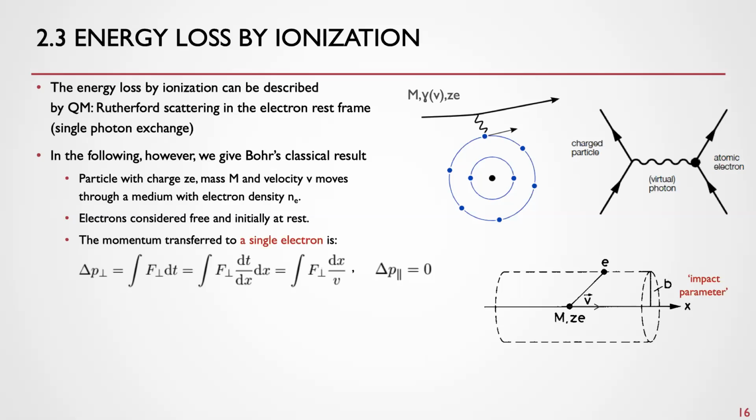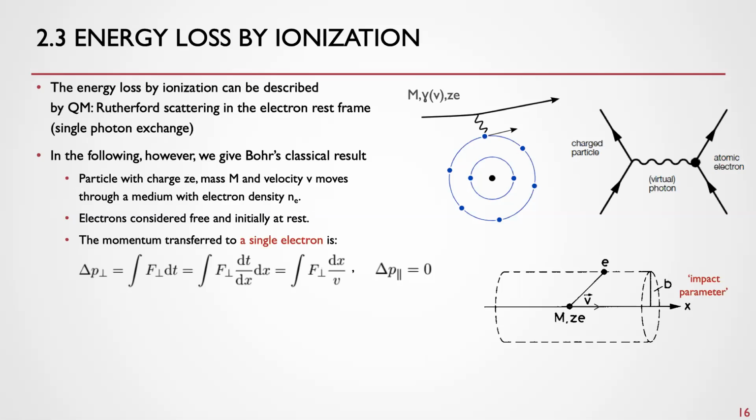It doesn't work. Okay, so in the following we give Bohr's classical results. We have now a particle with charge Ze, and remember this is a lowercase e, with mass capital M and velocity v. It travels through a medium with a certain electron density Ne. We've calculated the energy transfer on one of the previous slides.